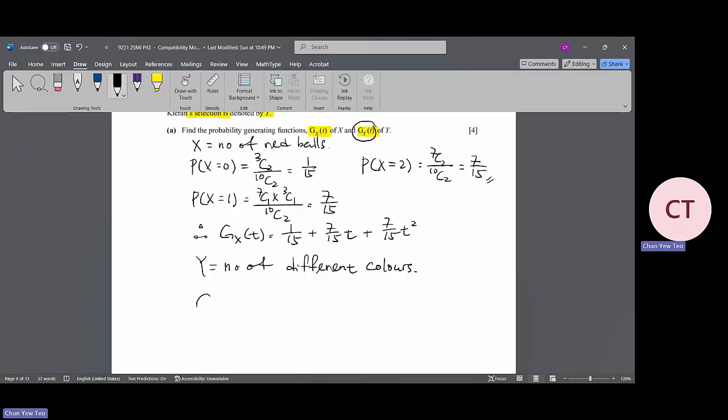If you have one red ball and one blue ball, how many different colors do you have? Some will say different colors. Okay. Then in that case, what about this? If you have two red or two blue, we say that this one is no different color.